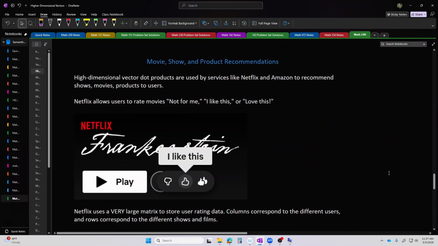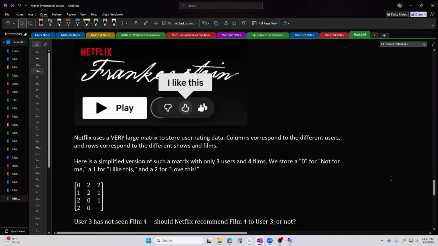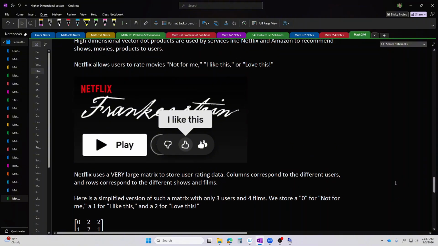Another side quest, let's talk a little bit about how higher dimensional vector dot products are used in recommendation algorithms. So if you're on, for example, Netflix, Netflix has in its back end a very, very large matrix that it's using to store the ratings that all their users have given all of their movies and films.